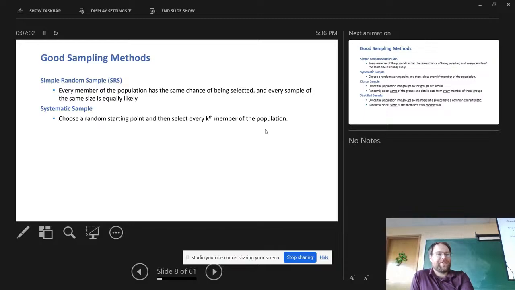Then there's a systematic sample, by choosing a random starting point and then selecting every kth member of the population. This would be something like selecting every second person who walks through the door. You have some kind of pattern or system in place to select your sample.